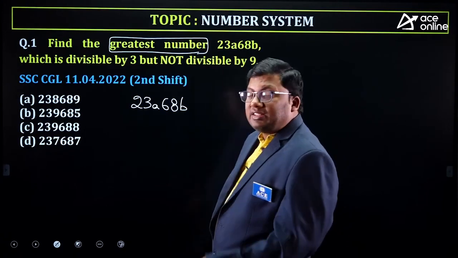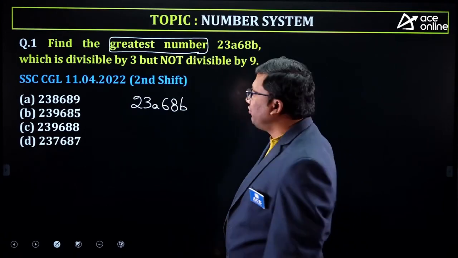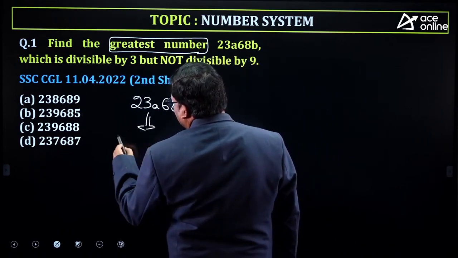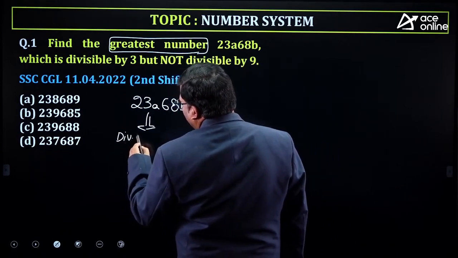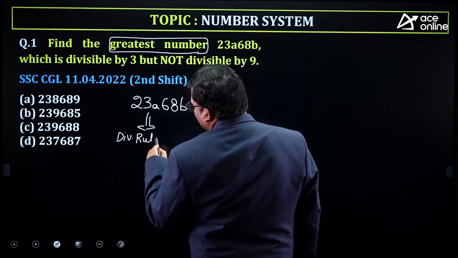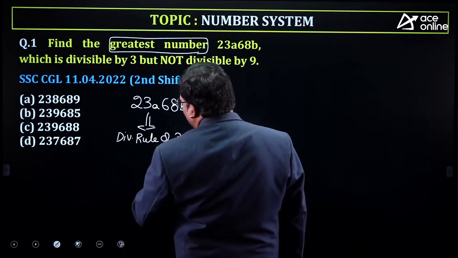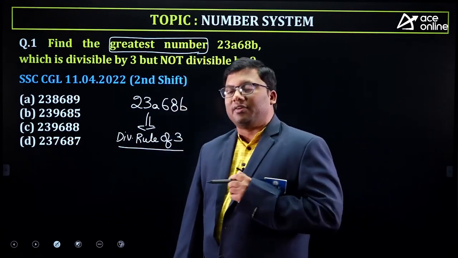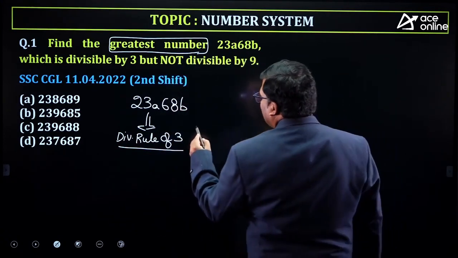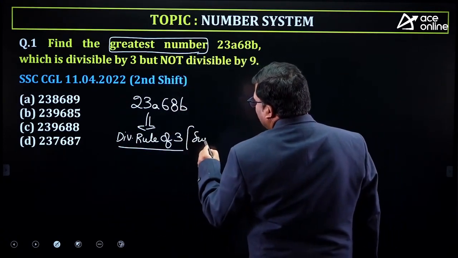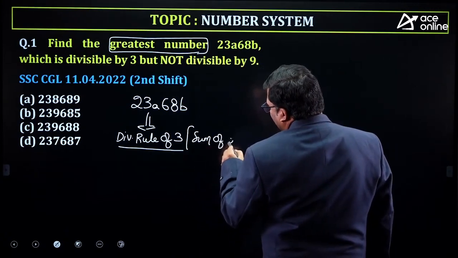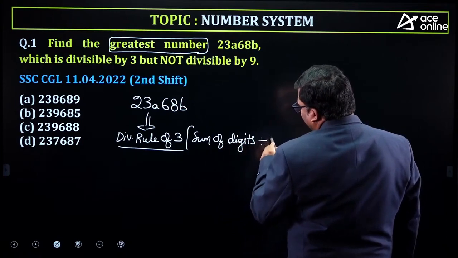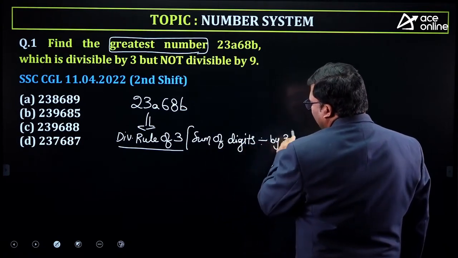But there is a condition that this number has to fulfill. The number should be divisible by 3. What is the divisibility rule of 3? The divisibility rule of 3 is that the sum of the digits should be divisible by 3.